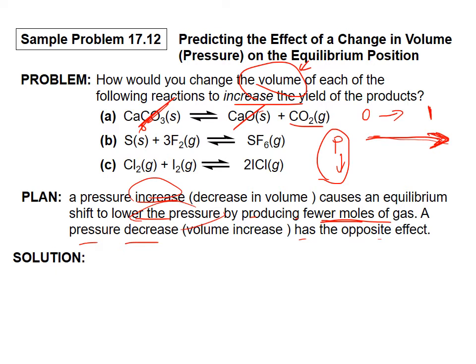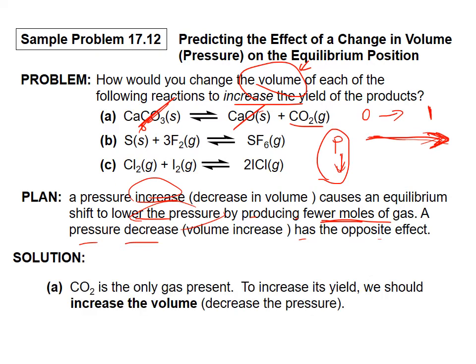Our goal is to increase yield, that is the forward reaction, and the forward reaction increases pressure, and therefore the disturbance must be decreased pressure. How do you decrease pressure? Increase volume. Therefore we predict that to increase CO2, we increase volume. That will have the effect of decreased pressure.